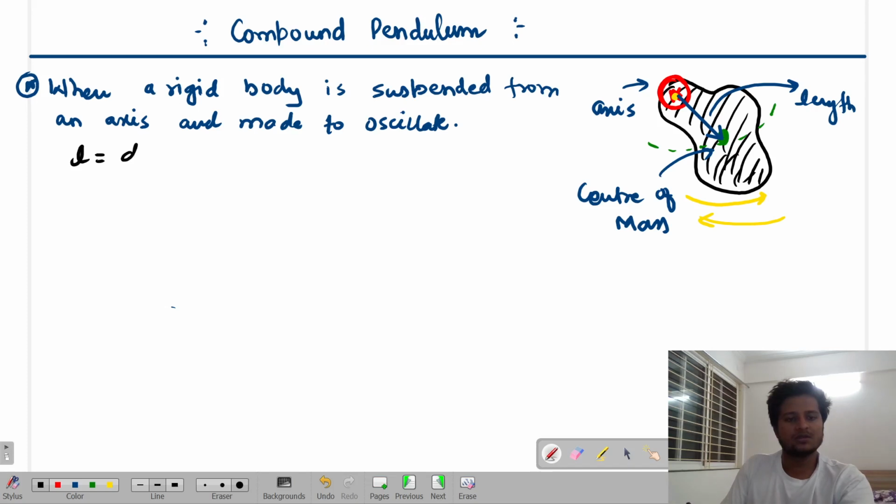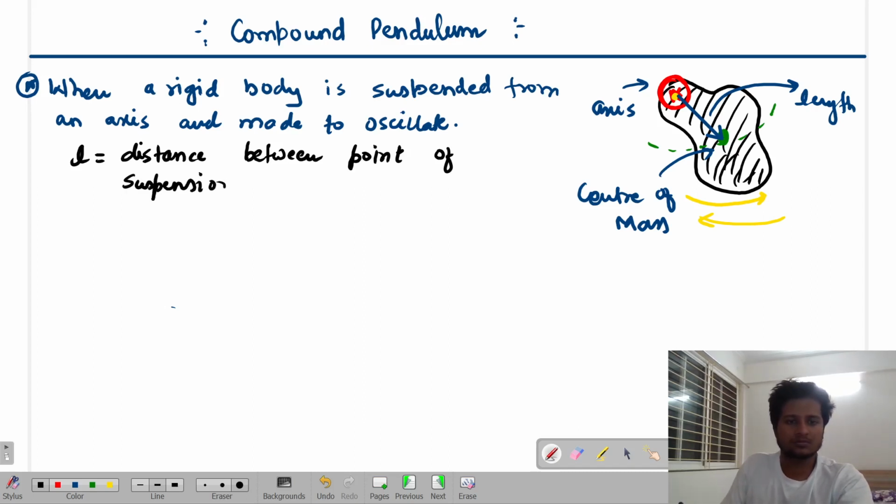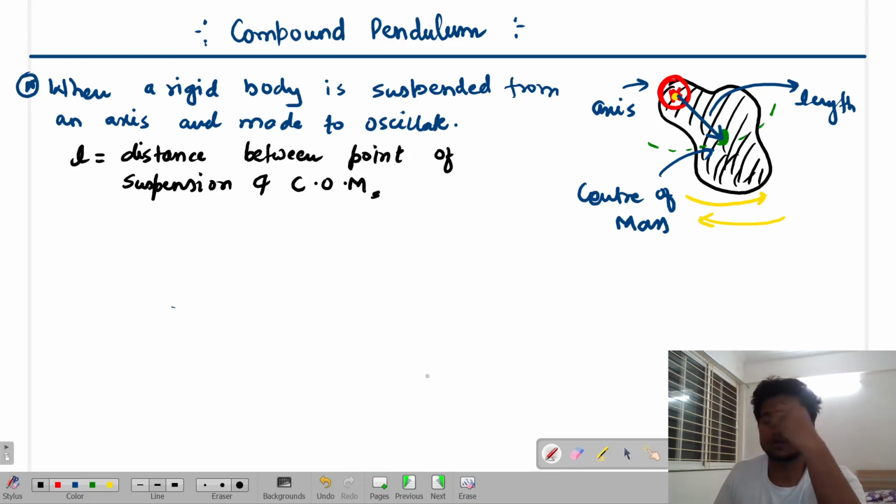L is the distance between the point of suspension and center of mass. Is that clear or not? Are you able to get it? Totally, are you understanding what I say?